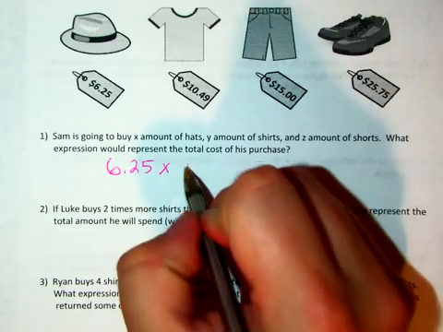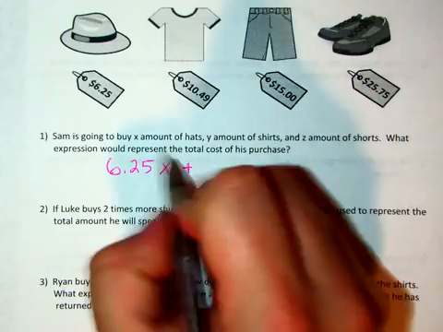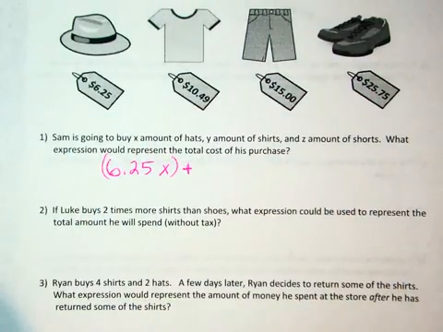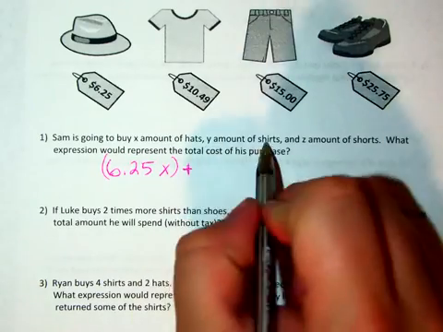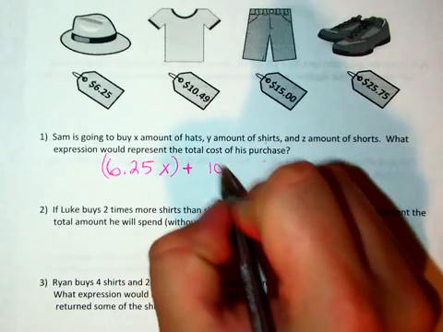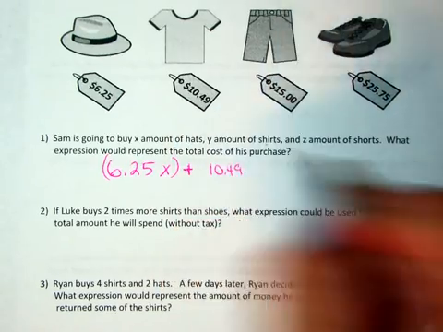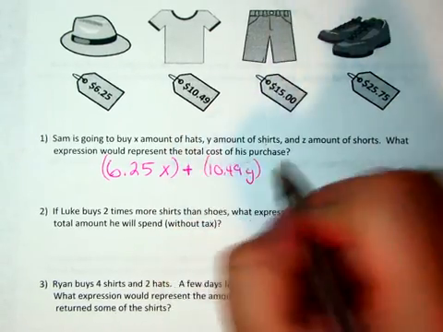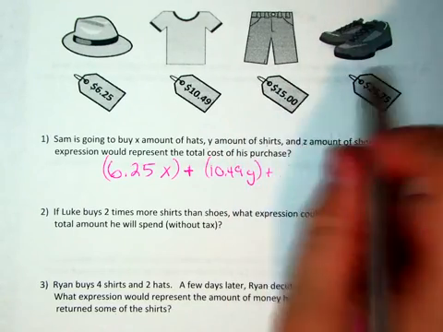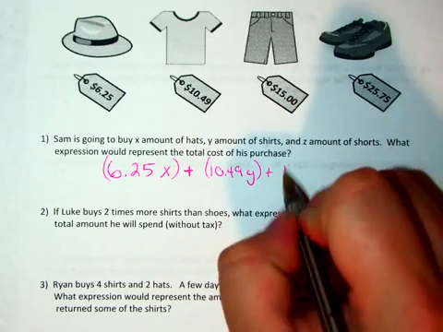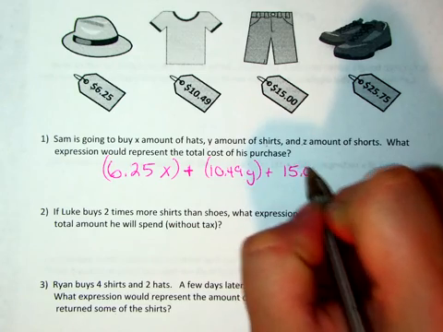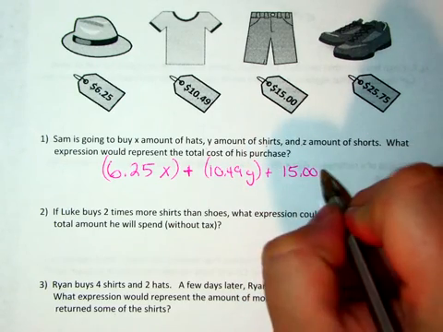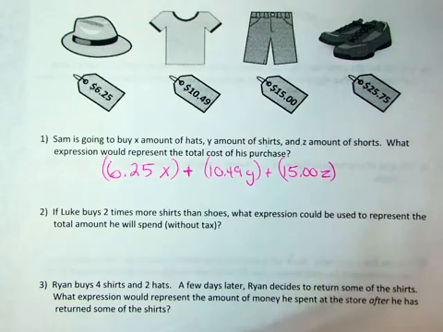And that will get added to Y amounts of shirts, so $10.49 times some number, which will be represented with Y, and that will get added to the shorts are $15 times some number Z, and so that would be our expression for the total cost of his purchase.